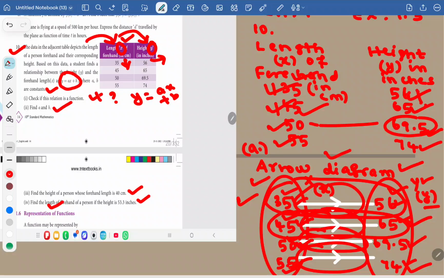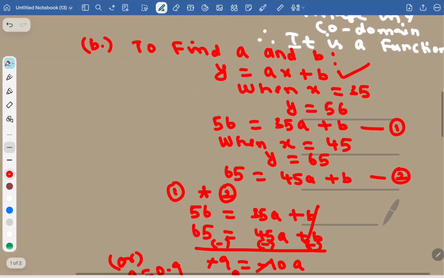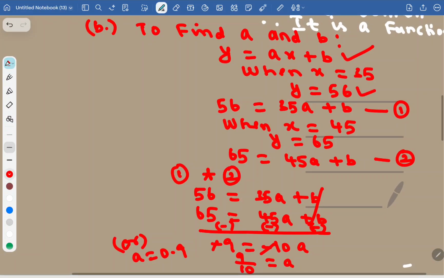When x is 45, y is 65. Substitute y equal to 56, x equal to 35: 56 equal to 35a plus b. When x equal to 45, y equal to 65: 65 equal to 45a plus b.